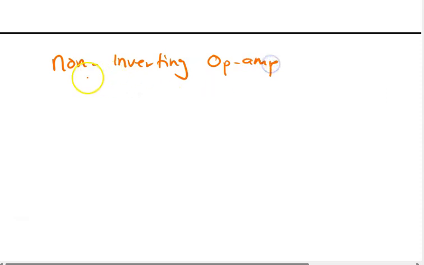Okay, the next type of op amp I would like to talk about is the non-inverting op amp. How does it look like? So with that one, let me draw my op amp very well.